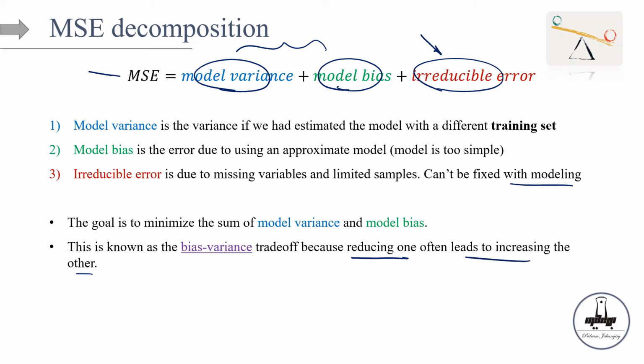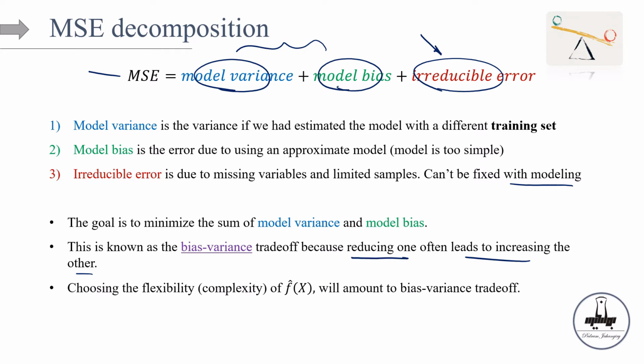We showed the visualization in the previous slides, when the model was super simple versus when the model was super complex. Choosing the flexibility of f hat of x, basically what the model is learning, the true pattern in the data, is going to lead to the bias variance trade-off, right? So if your model is super simple, the bias is going to be high and the variance is going to be small. If the model is super complex, the bias is going to be small and the variance is going to be large, right? So the best combination, of course, is going to be somewhere in between.